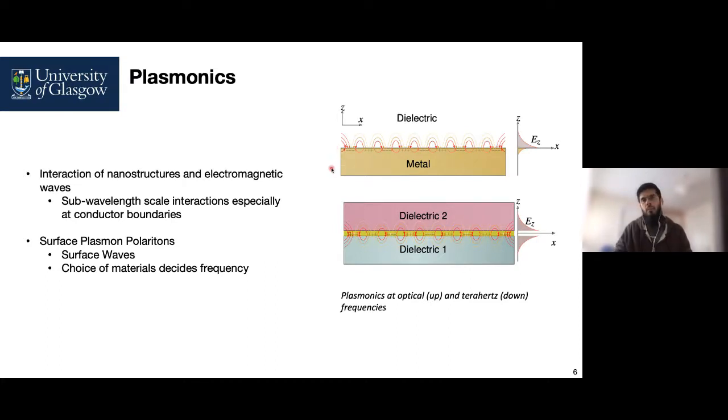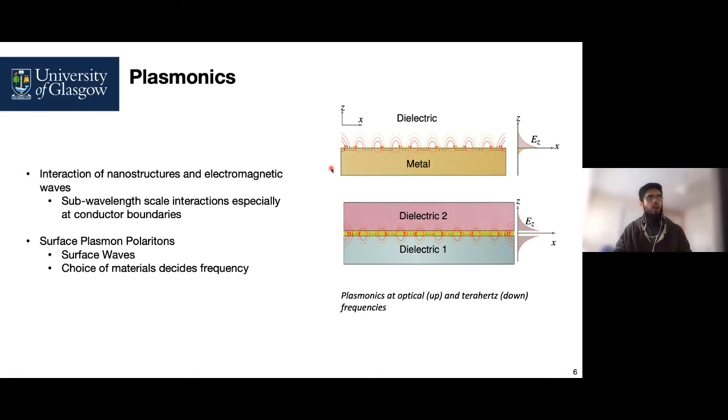The main principle of plasmonics deals with nanoscale structures and their interaction with electromagnetic waves. This interaction usually happens at a sub-wavelength level. What we mean by sub-wavelength level is that, classically, the electromagnetic devices that we have, such as antennas, are also somewhat limited by the diffraction limit.